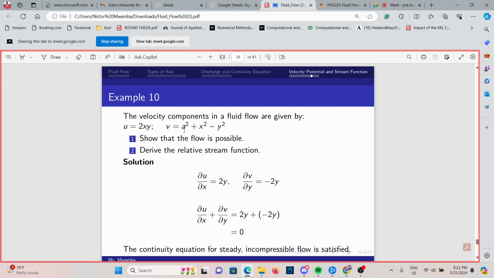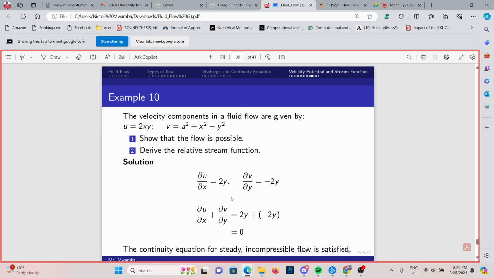The first term here is a constant, so it will be 0. The second term has x, which is treated as a constant because we are looking for the change along the y direction, so that will be 0. Then the change along the y direction will be the derivative of the y variable here, which is negative 2y.